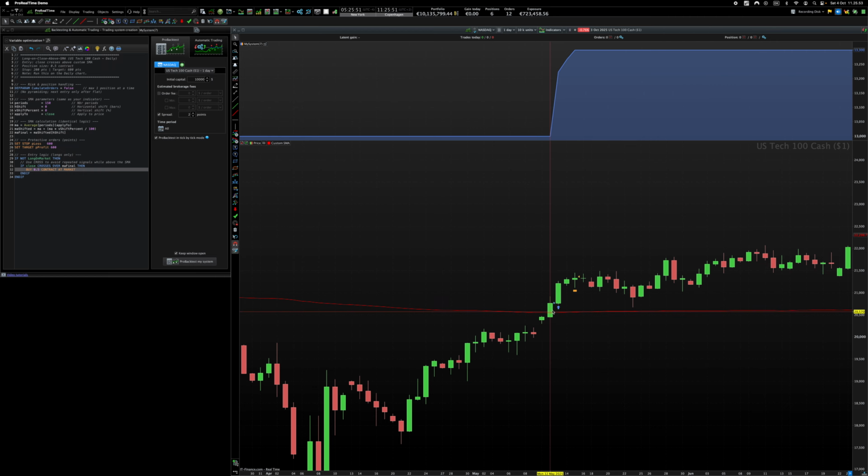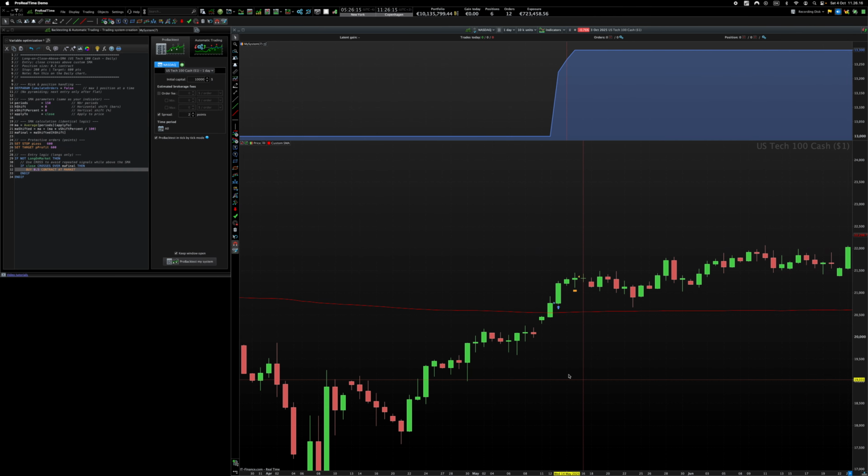So far, it seems we have been under, closed above, and it opens on the new opening of the day. It also seems like it has taken its 600 points. 600 points profit here.